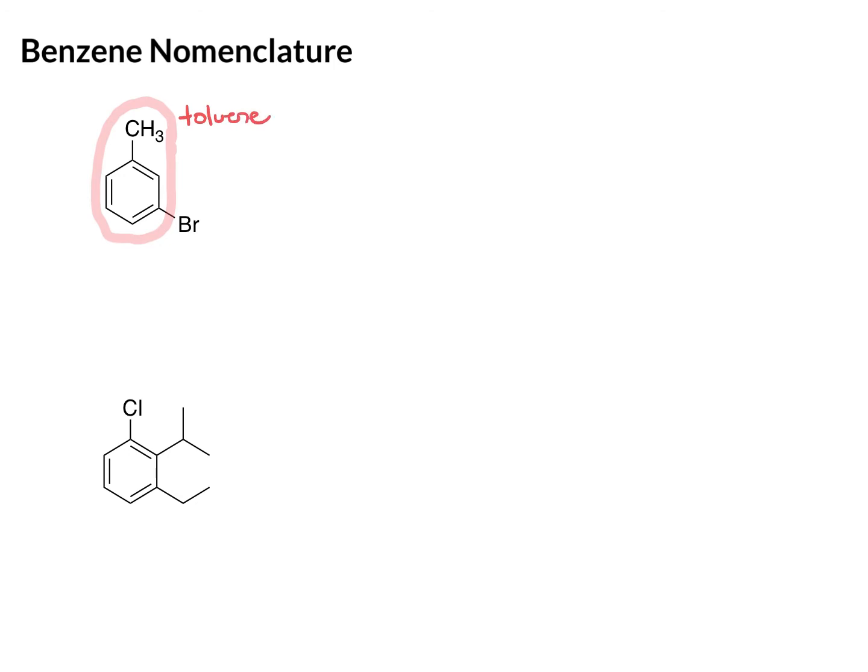Because toluene is our parent, its substituent is going to automatically be carbon 1. Then we'll number around the ring to give the lowest possible numbering. So in this case, for the IUPAC name, list the substituents followed by the parent. We have 3-bromotoluene.